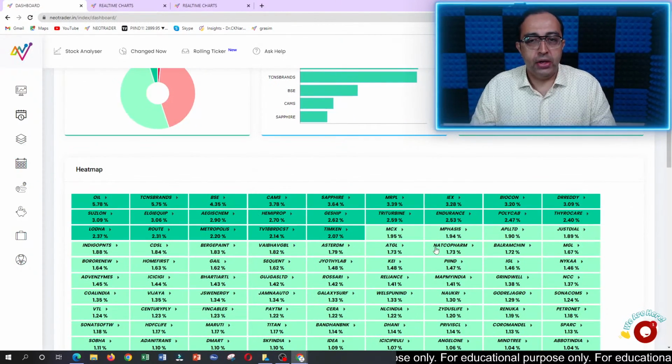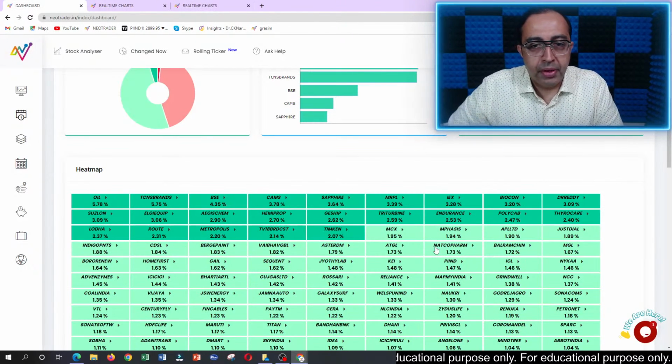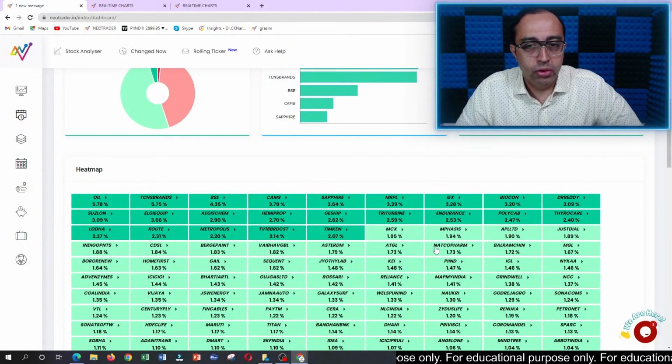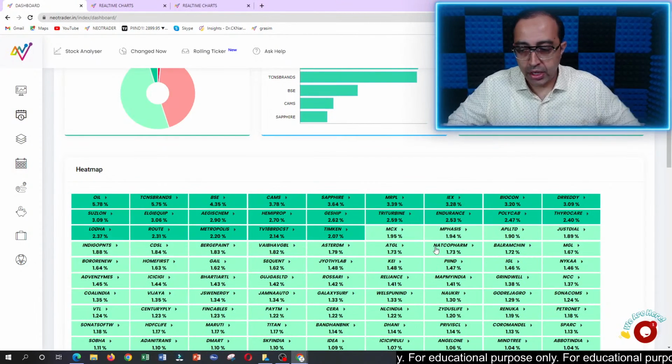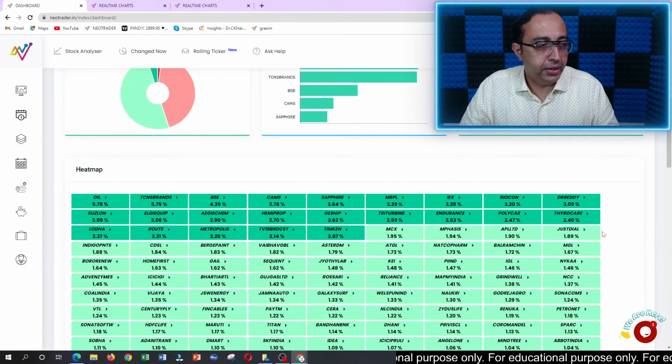So let's take a look at some mid cap stocks, some small cap stocks, and find out how to participate. How can we participate and how can we do it better?